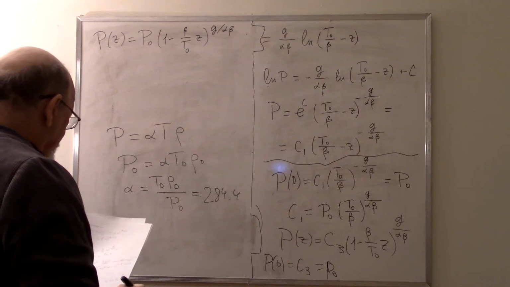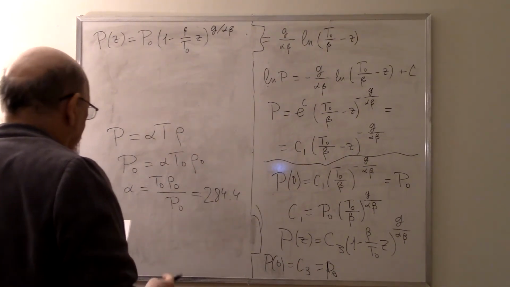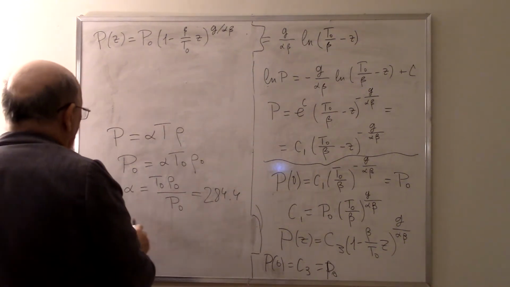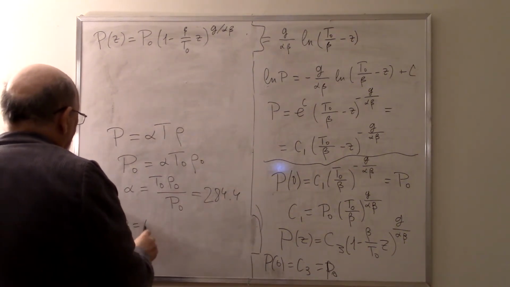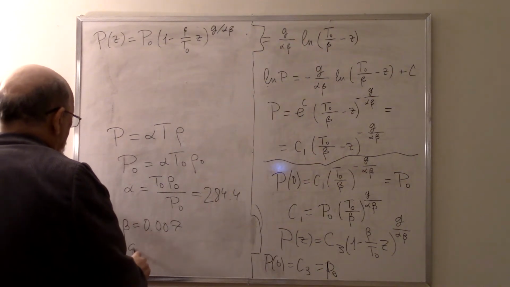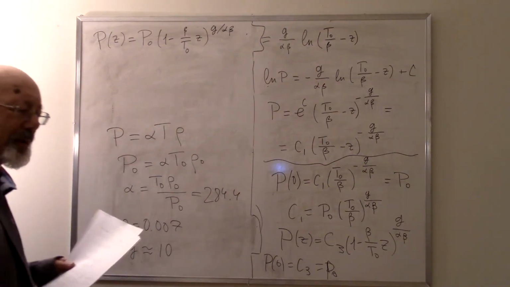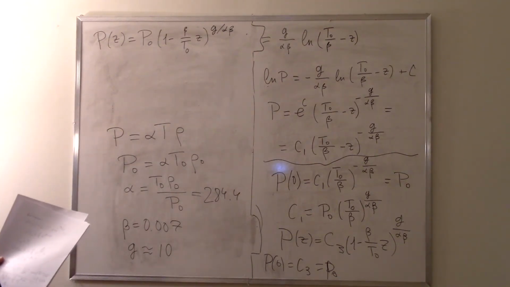Phew. So here alpha is here, beta is 0.007, and G is approximately 10 meters per second squared.